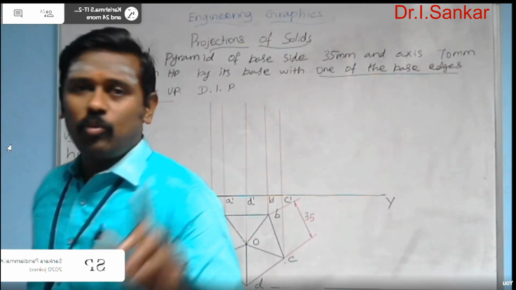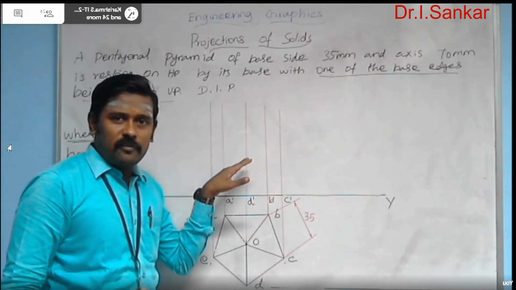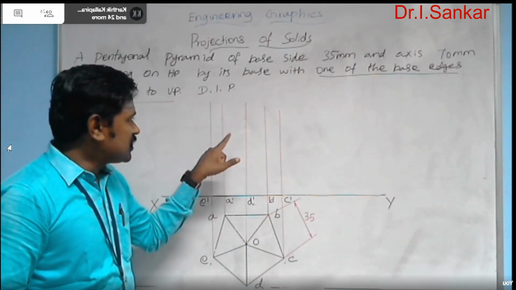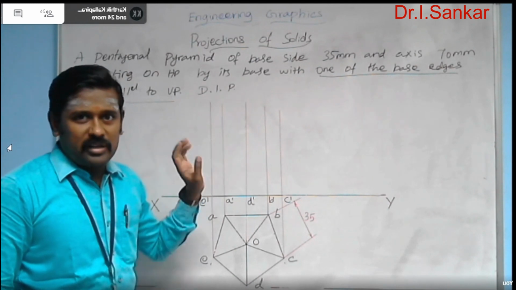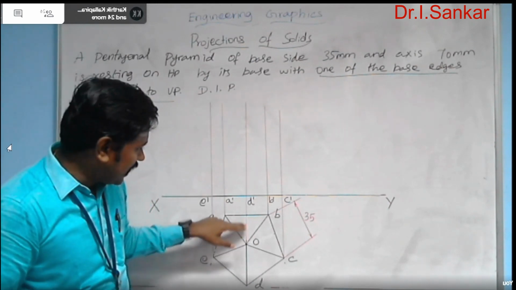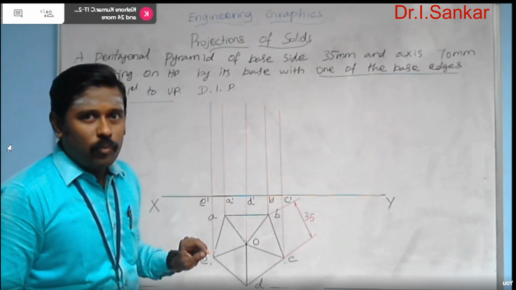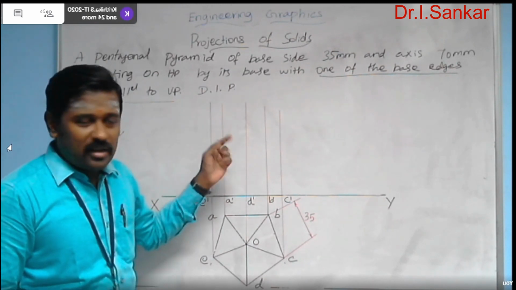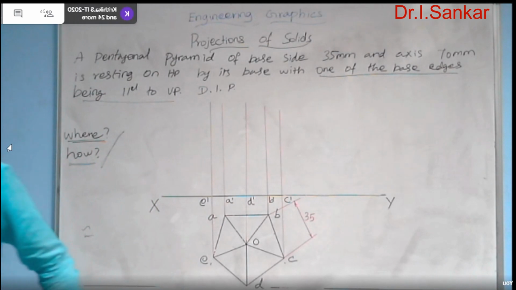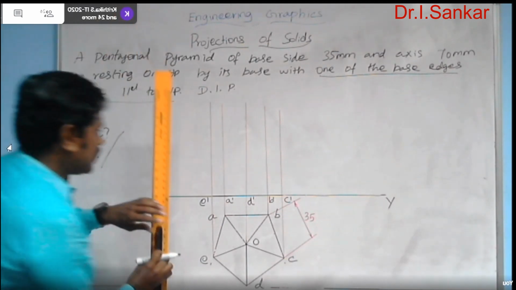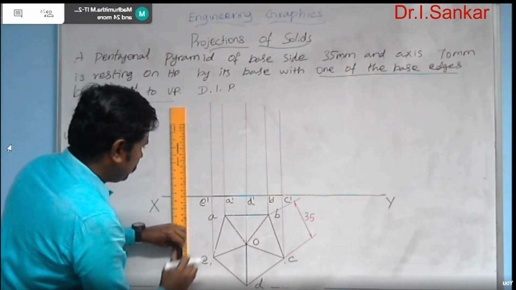Now, in order to mark the apex point in the front view, you need to first mark the apex point in the axis line. Here the axis line is going; there you need to mark the point O, that is O dash, at the height of 70 mm. Measure 70 mm height from the base.